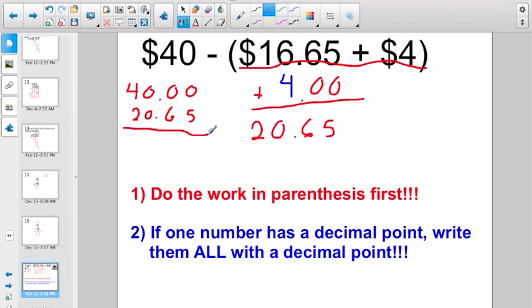A lot of subtracting and borrowing to do on this guy. Start over here with 0. You can't go 0 minus 5, can you? You go to your neighbor. He's broke. He goes to his neighbor, says, no man, I'm broke too. Finally, the 4 says, yeah, I got one I can spare.